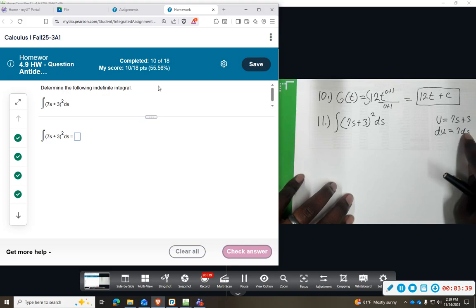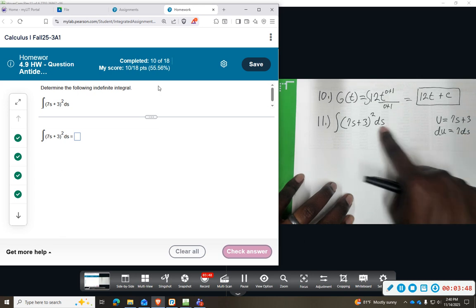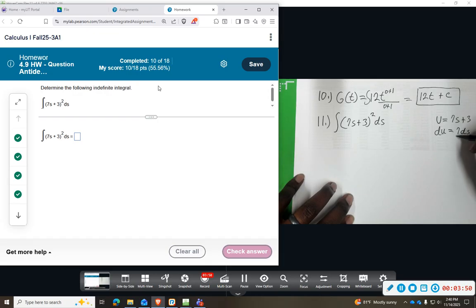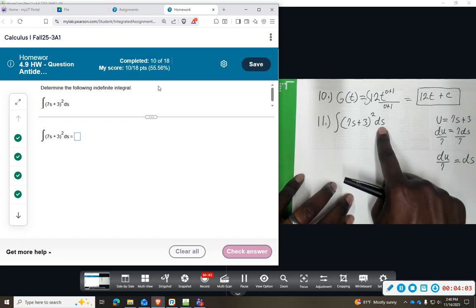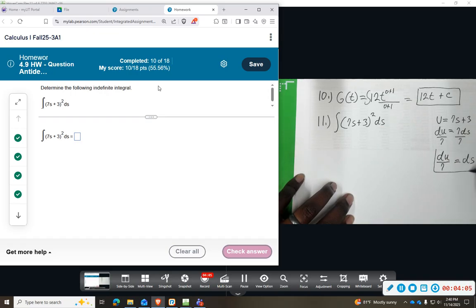We also have to plug in for du, and to solve for ds, we have to get ds by itself, so we would need to divide by 7. And so that would give us du divided by 7 is equal to ds, because I'm going to have to replace that ds. So I'm going to use this and this to make myself an easier problem.